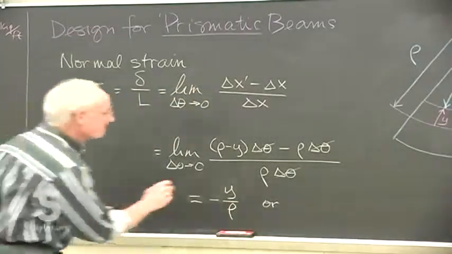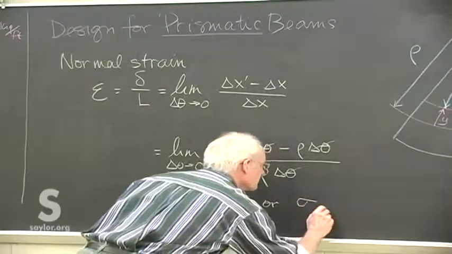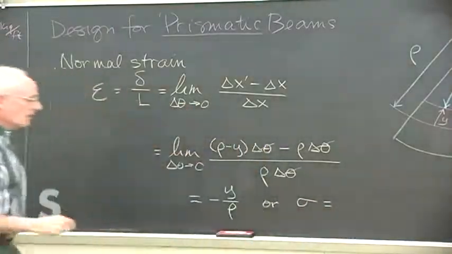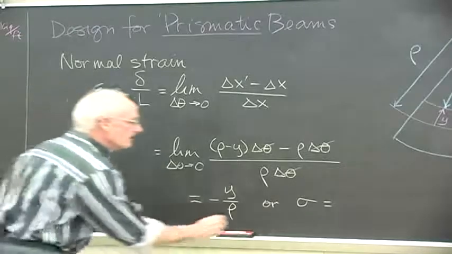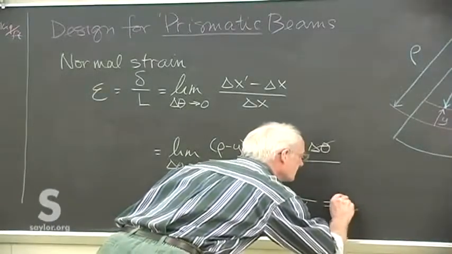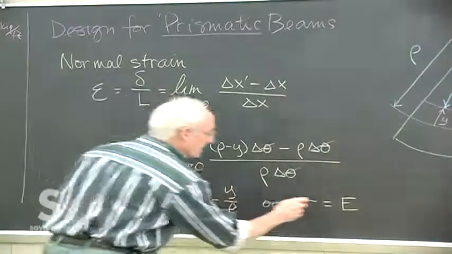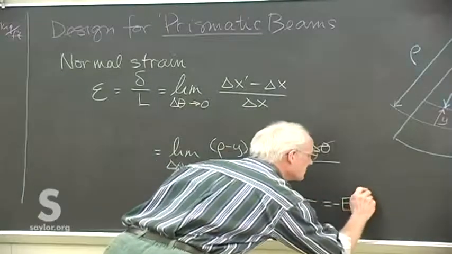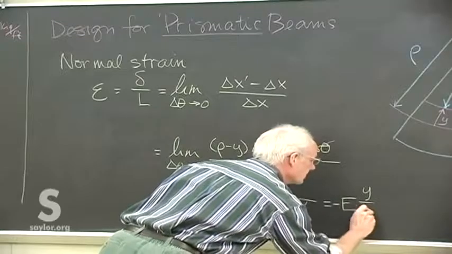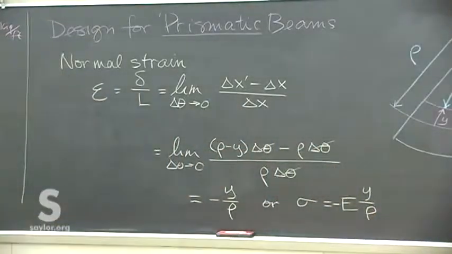And of course, in terms of the normal stress, which is related to the strain by Young's modulus, we can take out the strain and replace it with minus 1 over rho. And so we even have a distribution, and we see it's linear for the stress as well.